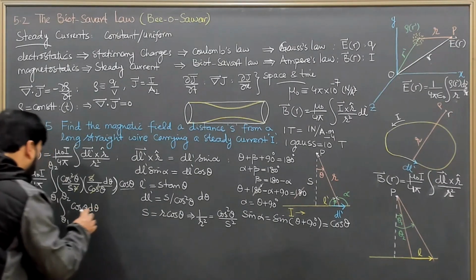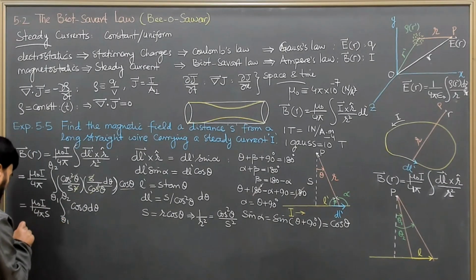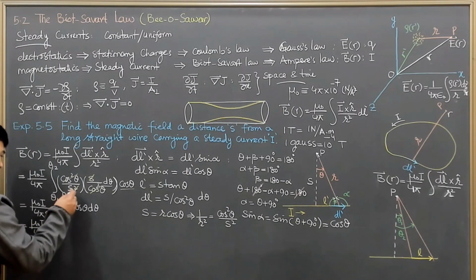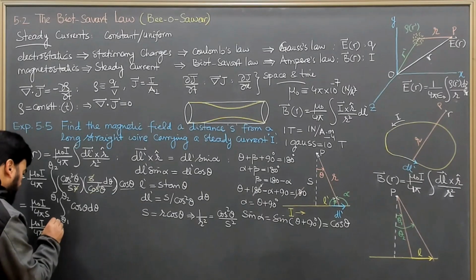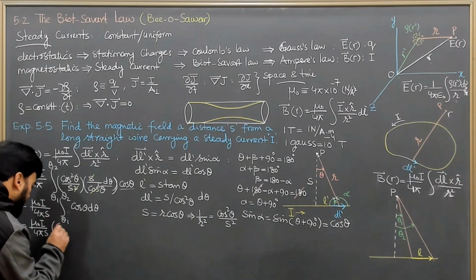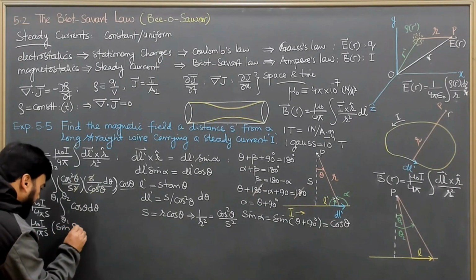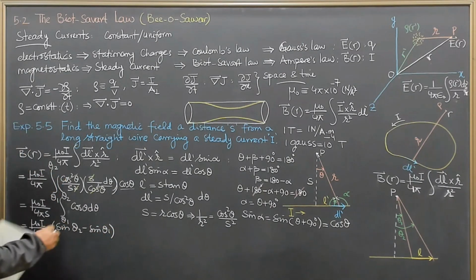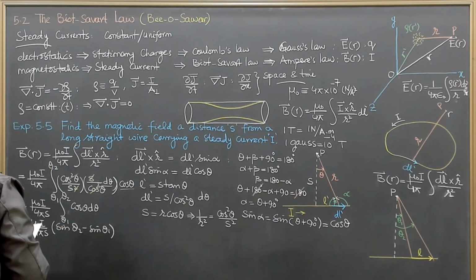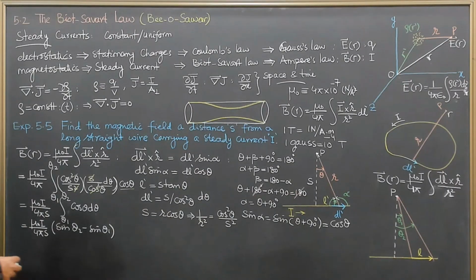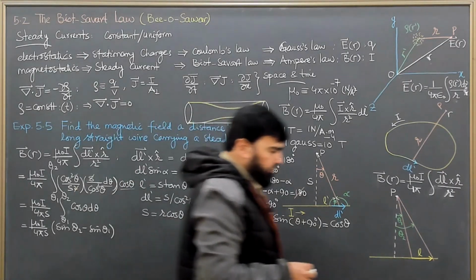And this will come out to be mu naught I over 4 pi s, and if I put sine theta with the limit theta 1 to theta 2, it is sine of theta 2 minus sine of theta 1. So this will be the integral solution here, for theta 1 and theta 2.